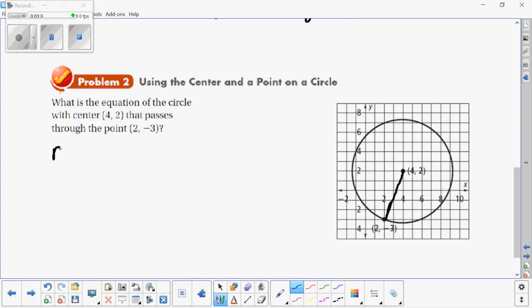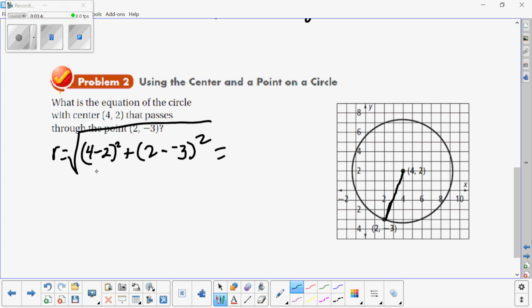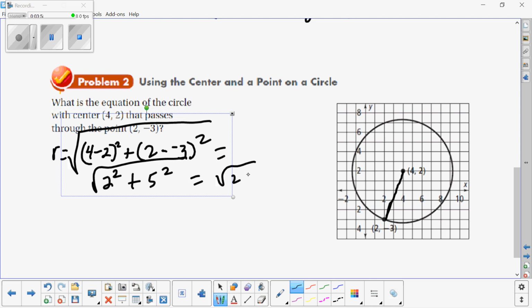So that radius would be the square root of, subtract the x coordinates, 4 minus 2 squared, plus subtract the y coordinates, 2 minus negative 3 squared. And anyway, that's 2 squared plus 5 squared, which is the square root of 29.